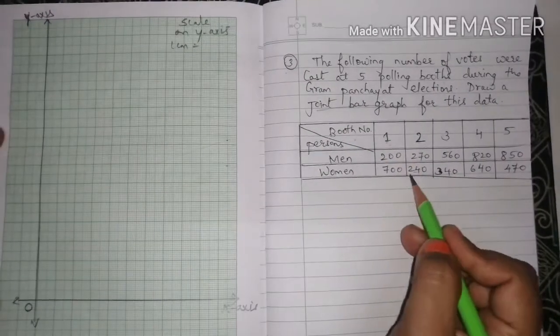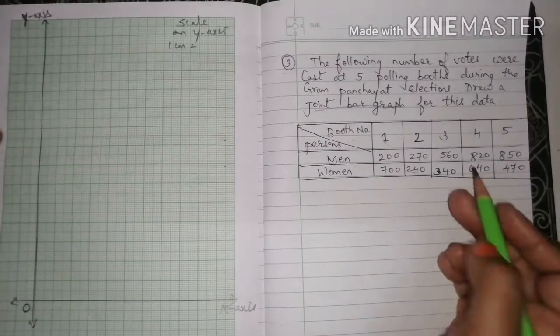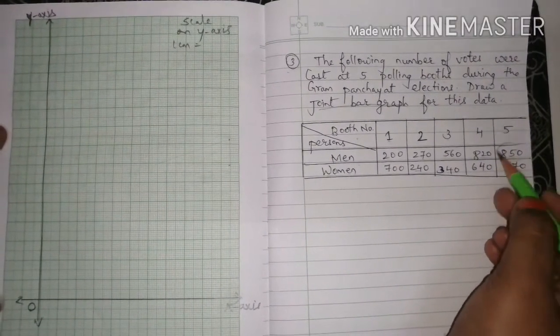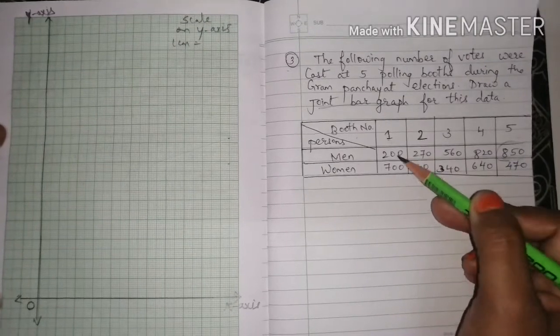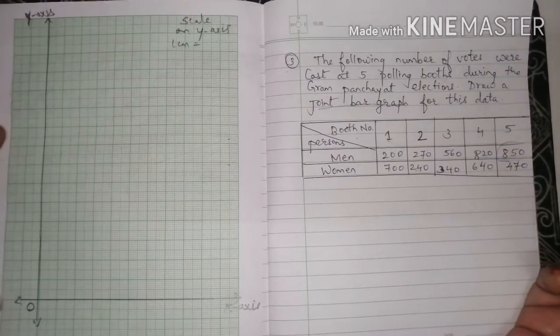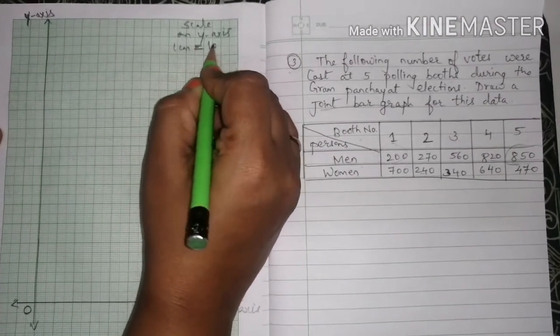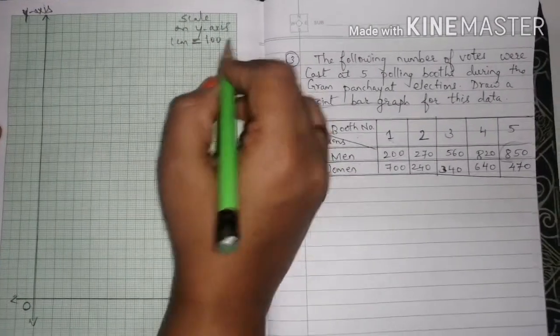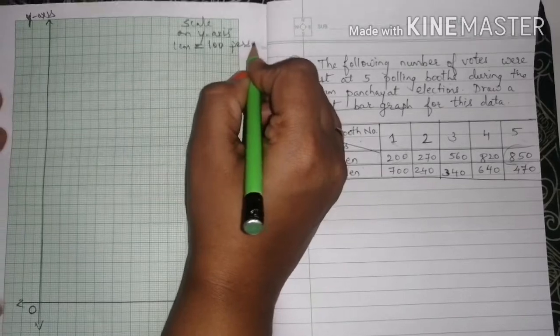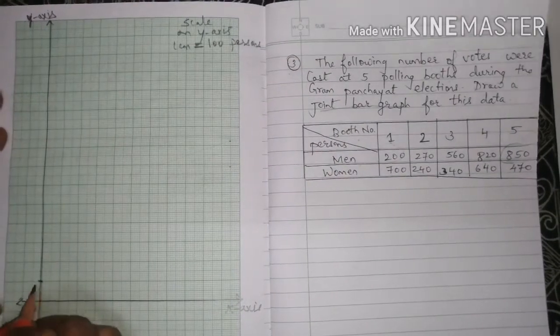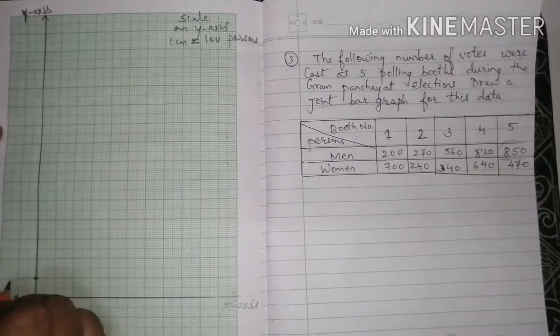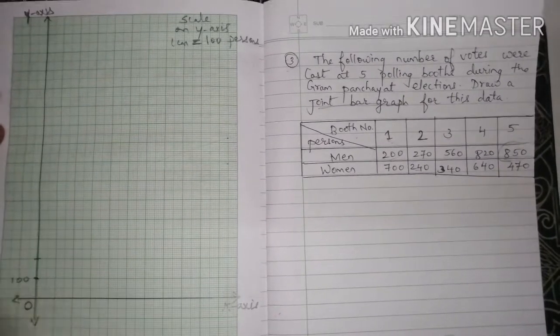Now these are the 3-digit numbers, so you can't take it 10. The maximum number is, I think, 850, and the minimum number is, I think, 200. So you can take it as 100. So 1 centimeter, now we can't take 10, we have to take 100 at least. So 100 persons, these are persons. So one box means 1 centimeter, now we are taking as 100. So if you are taking 100, the other box will be 200.